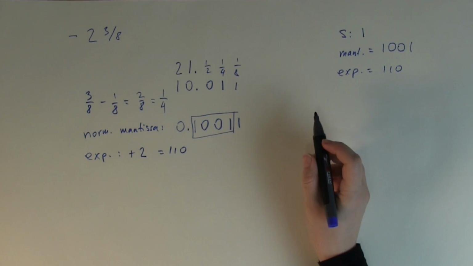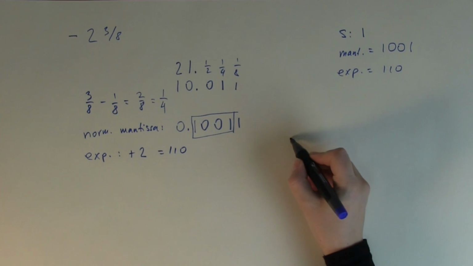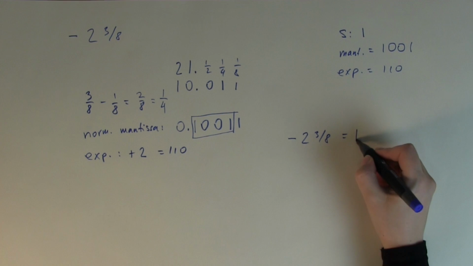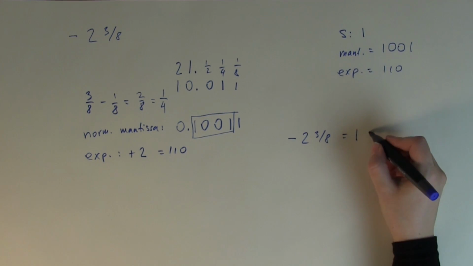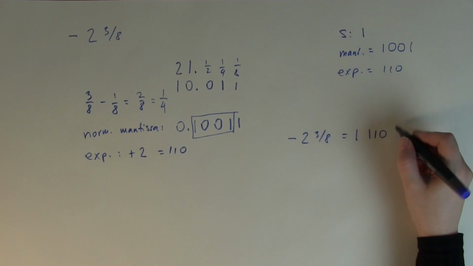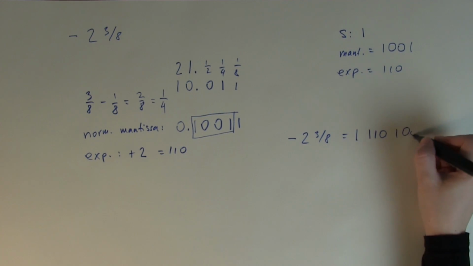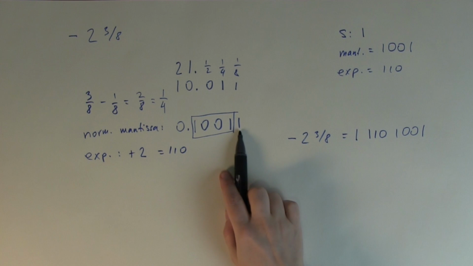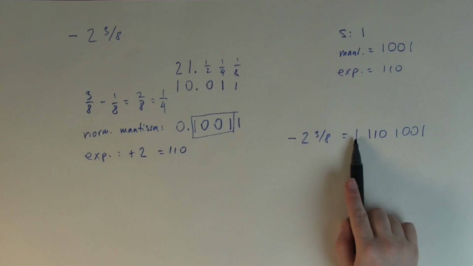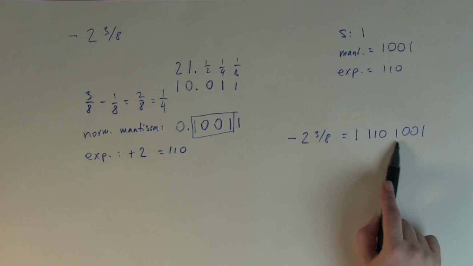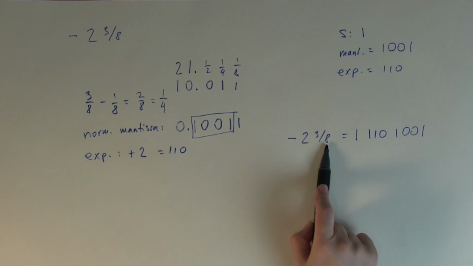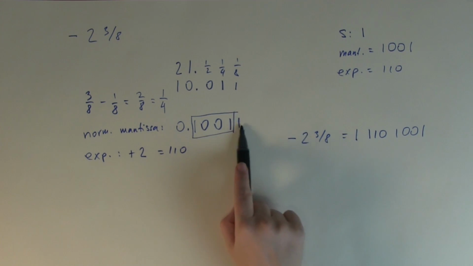And now we can build up the floating point notation. So the minus 2 3/8 is equal to 1, followed by the exponent 110, and followed by the mantissa. Now, because we had the truncation error, if I was to convert this floating point notation back into decimal, I will not have the exact minus 2 3/8 because I'm missing one digit.